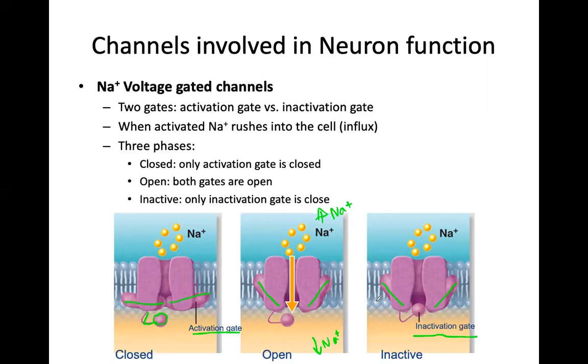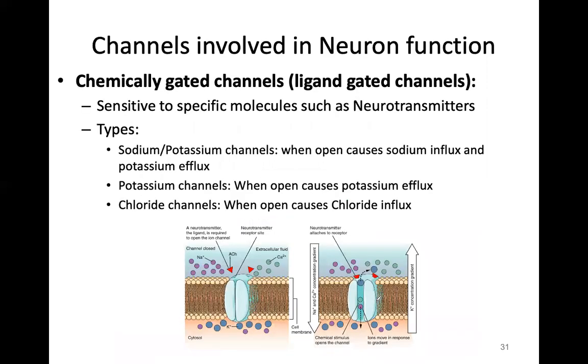And I will discuss this in detail, why that is so important, because it creates something we call the absolute versus relative refractory period, and ensures that the electrical impulse only moves in one direction when it is sent down the axon. And again, I'll go into more detail about this later on.